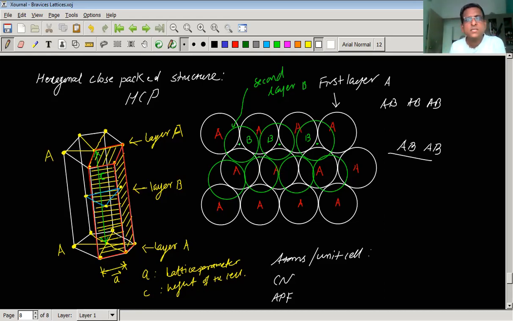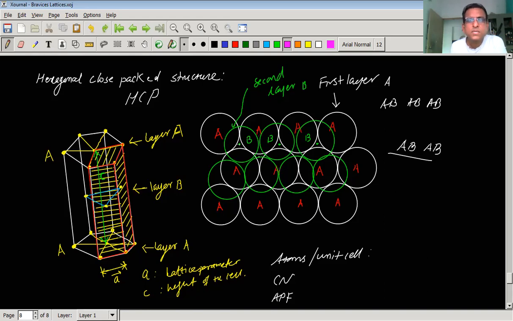So here also you can see, if we join the centers of the atoms, I will change the color. This happens to be a hexagonal structure.